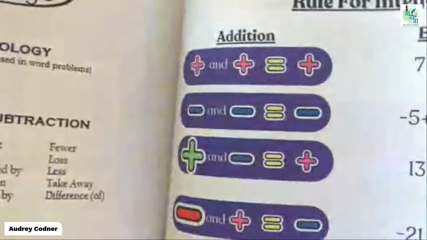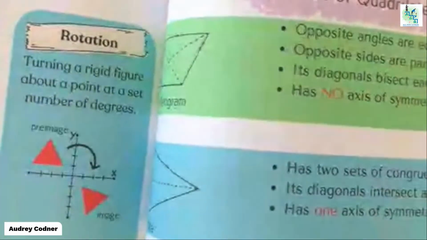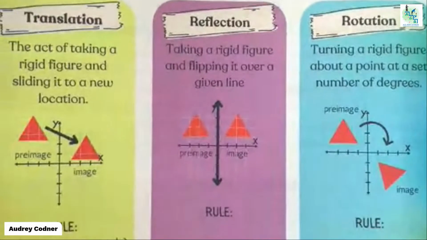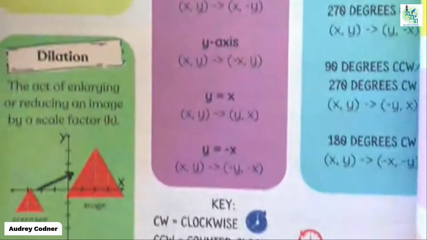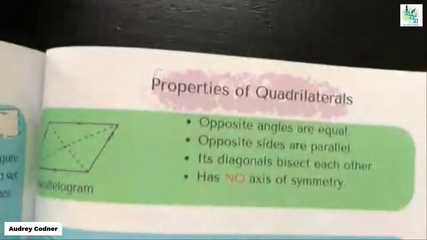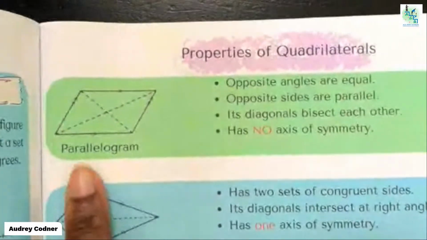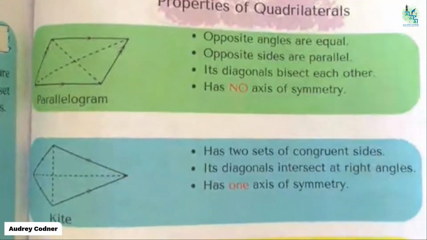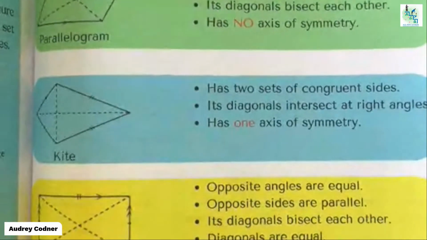We also have a couple of things for my geometry folks: the properties of transformation, the translation, reflection, rotation and dilation. We have the properties of quadrilaterals. I know this used to make me crazy when I was a student, trying to keep up with, all right, are they bisecting?